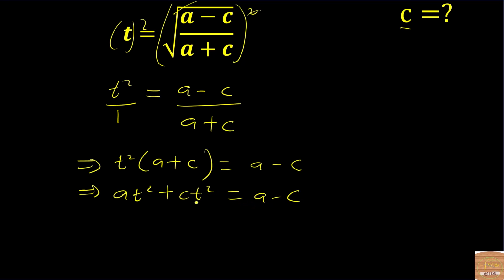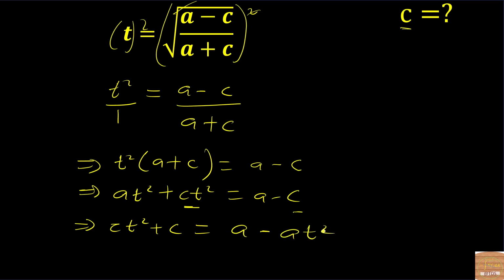So we have C here, C there. So let's group them on one side. So we have C T squared plus C equals A minus A T squared.